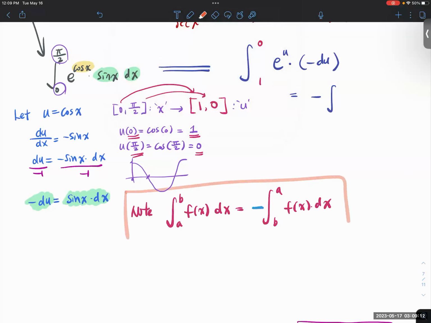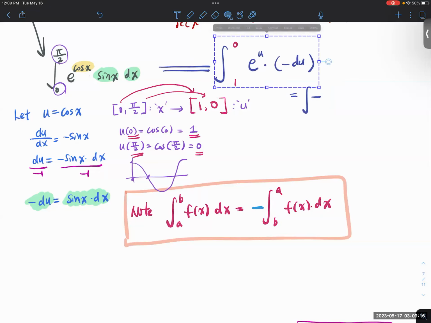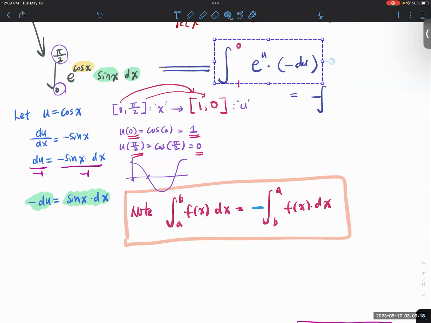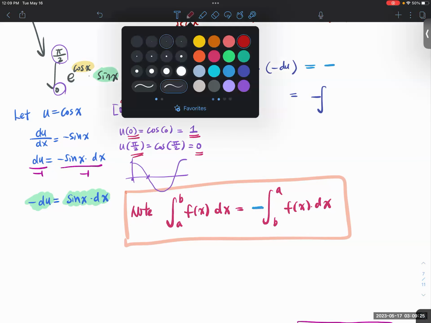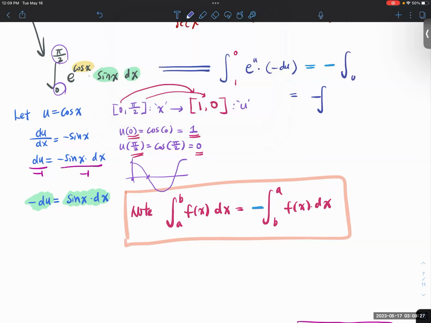So because of this fact, I'm going to modify this. It's going to be equal to negative the integral from 0 to 1, because we are changing 1 to 0 into 0 to 1. Does it make sense? And the rest of the things are the same, e to the u, negative du. So make sure that's something we consider.